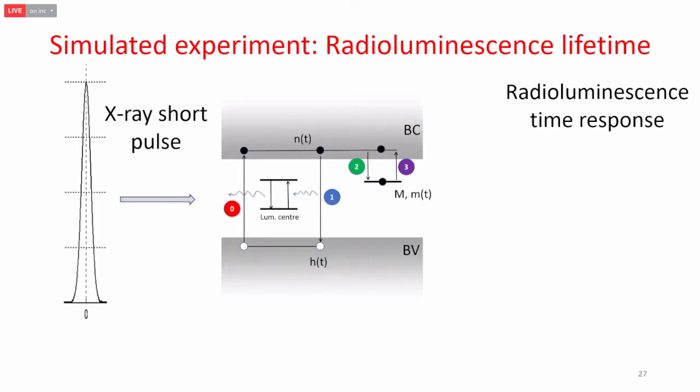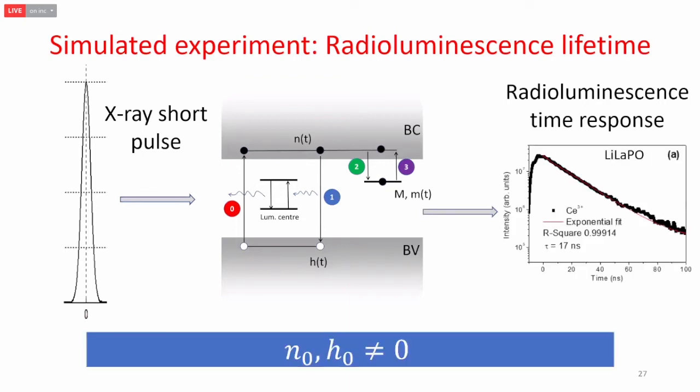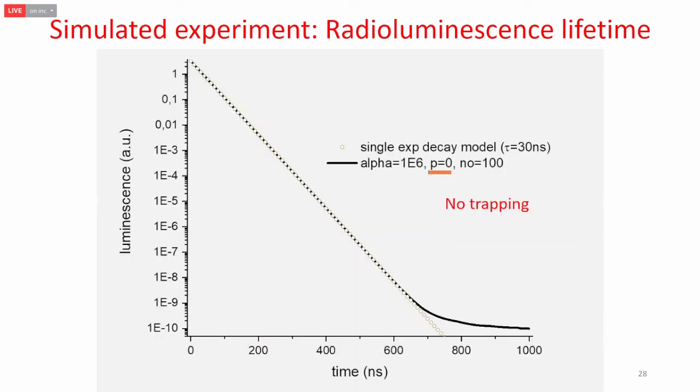So if we do the same experiment, like the simulated X-ray pulse, I just choose one of the curves where I have no trapping. The P parameter is the trapping. So I'm simulating the situation as before.